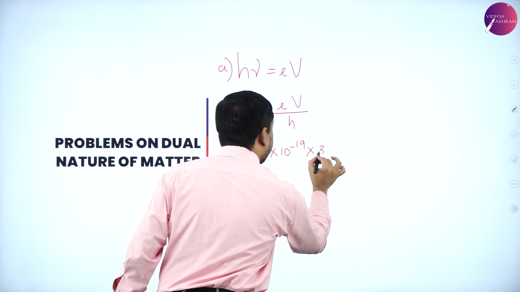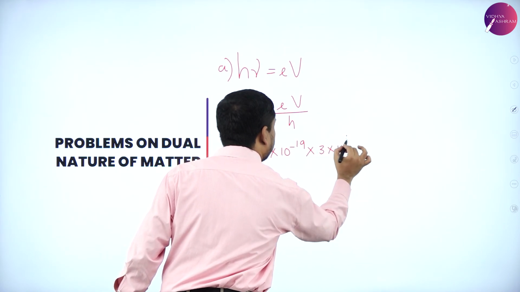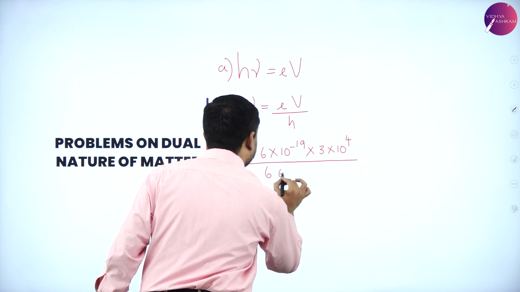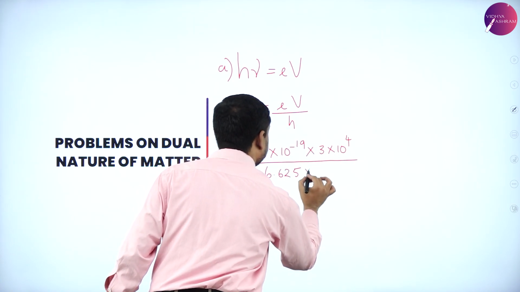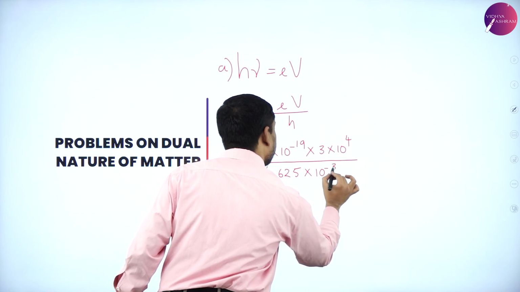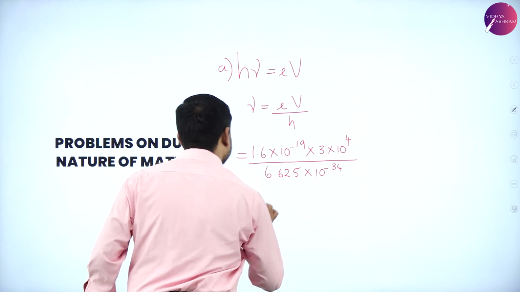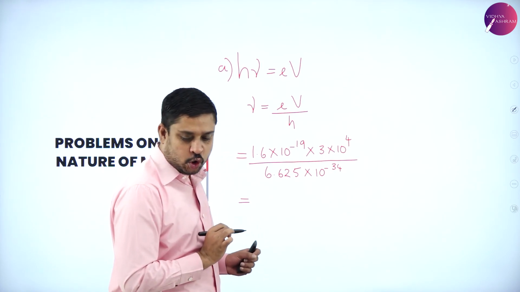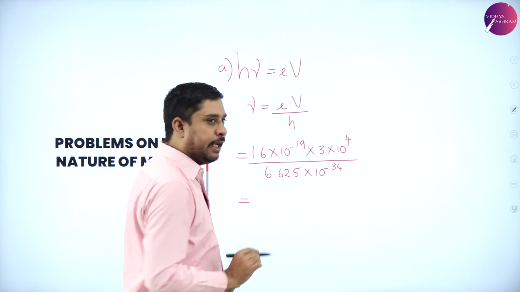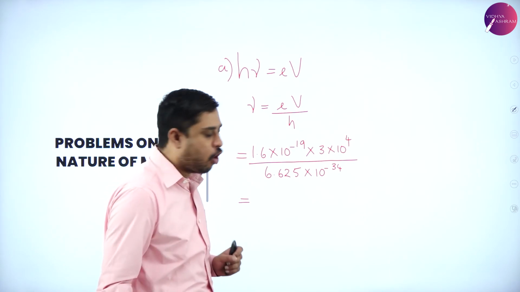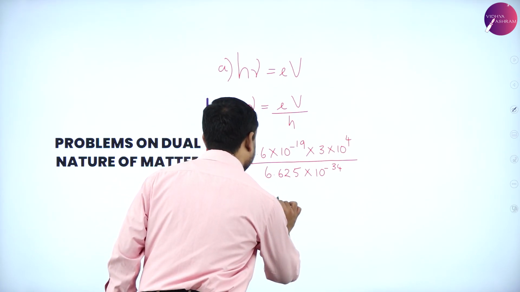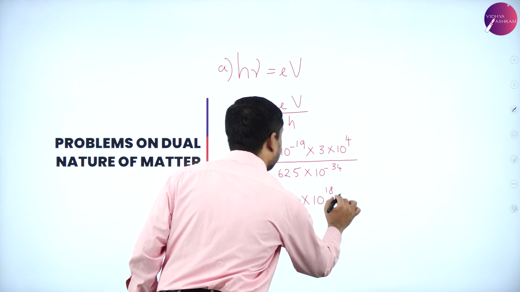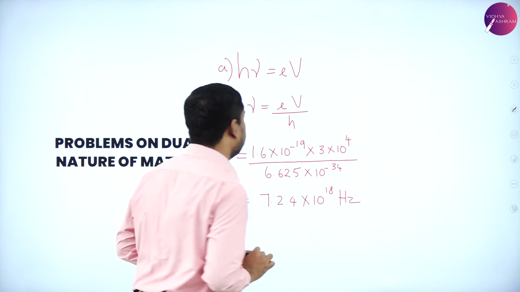V, applied potential. h, Planck's constant. So this is equal to 7.24 into 10 power 18 hertz.